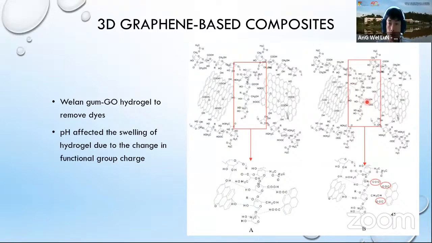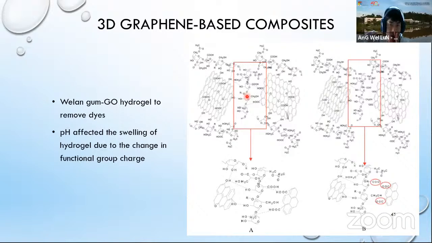This will create more area in between the layers, so the water can come in and the pollutants will be removed better. And in the acidic condition, the functional group is in the form of COOH, without charge. Without charge means that the hydrogel will remain in its original form.